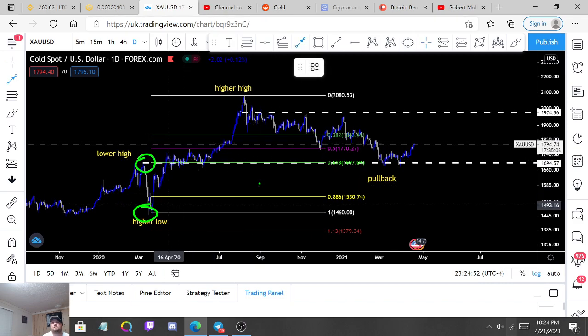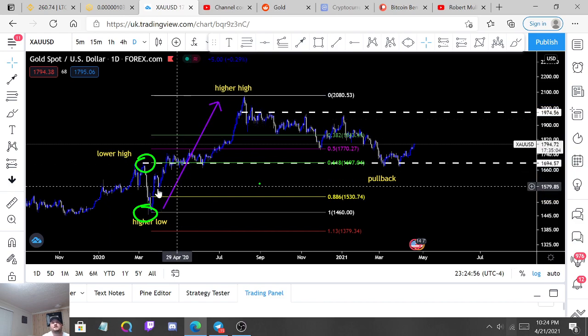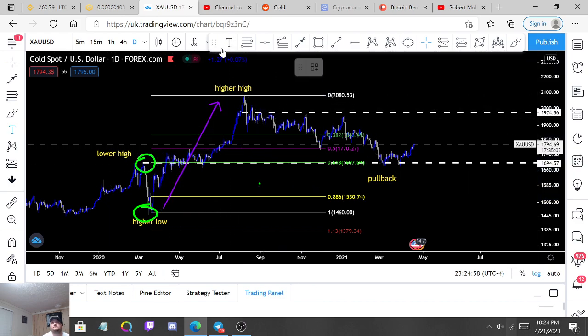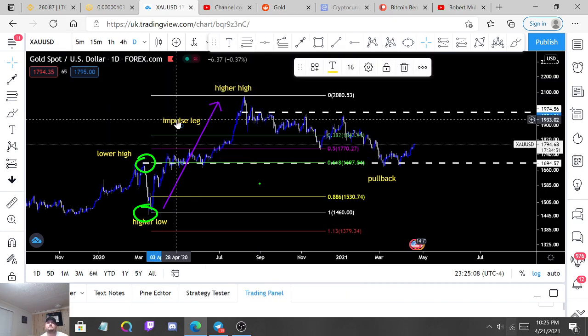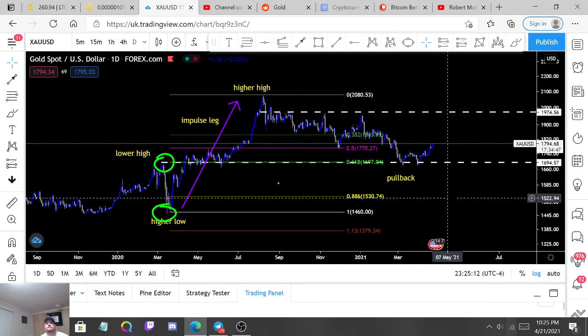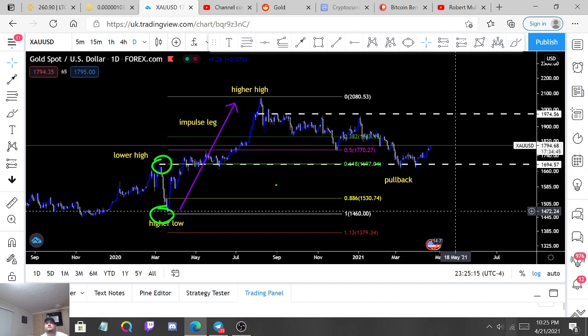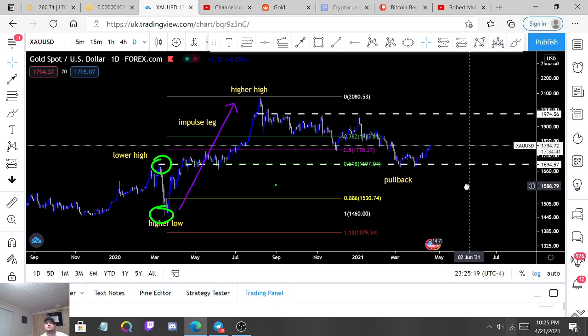So this would be considered an impulse leg. Does that make sense?